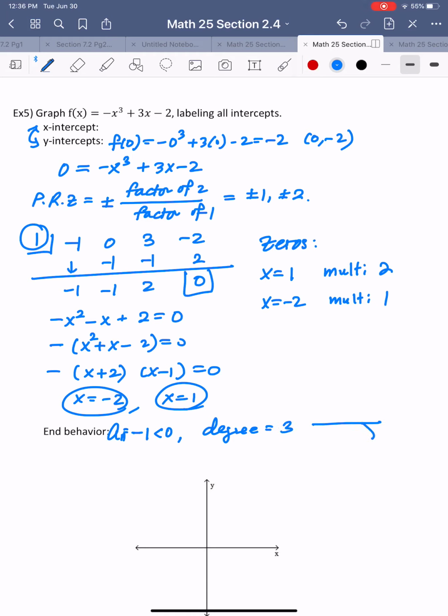So this is a case of this shape. We got 2 zeros, negative 2 and 1. So it's going to be this and this. And the 1 is touch, because the multiplicity is 2. And then negative 2 crosses, and then going back to here. I think that's all.